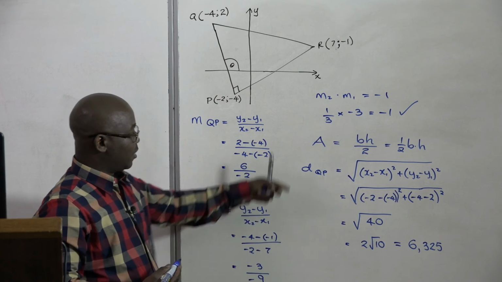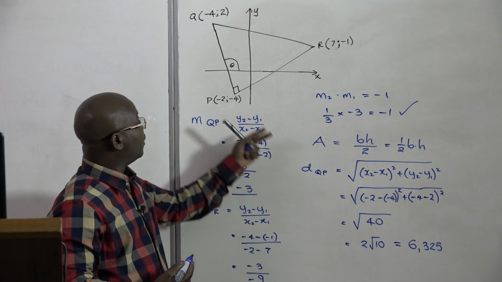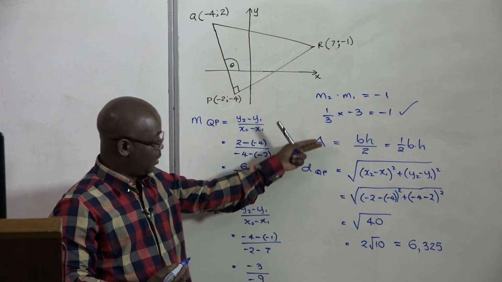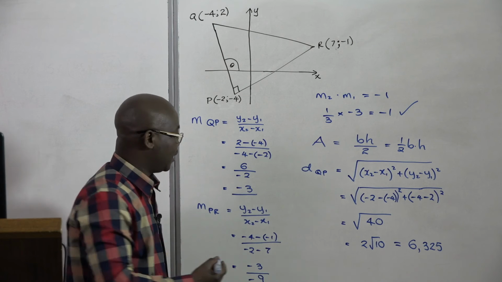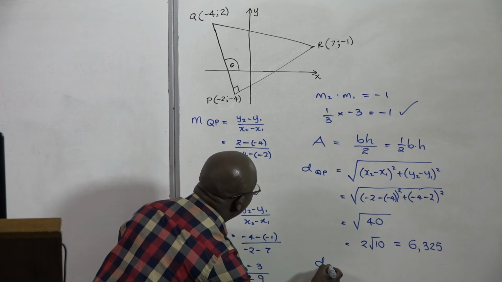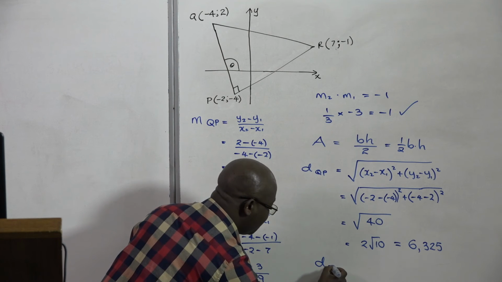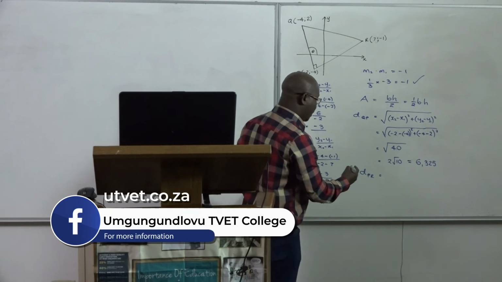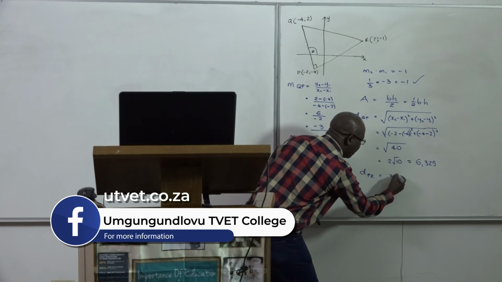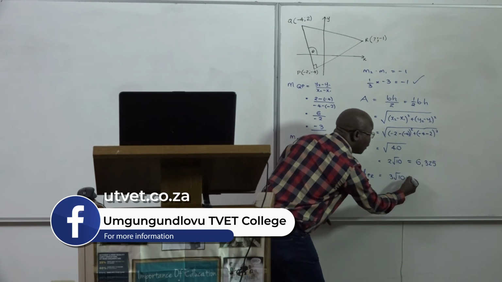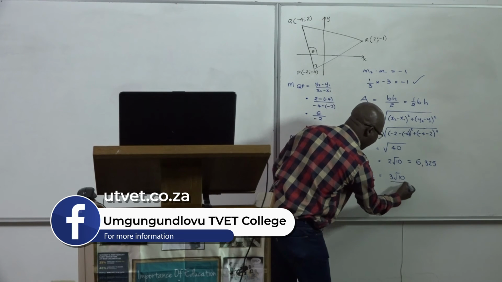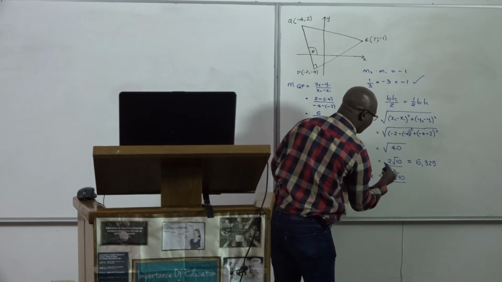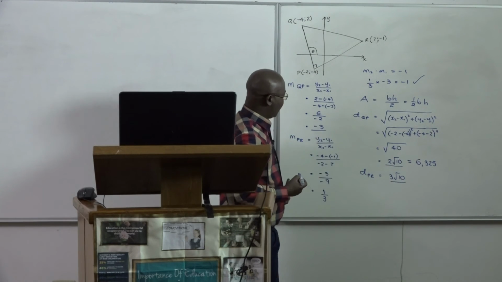I'm not going to repeat this calculation for the length of PR because it's exactly the same operation. But now, if you do the same for the length of PR, you will find that the length of PR will be 3 root 10. And then we now have the two lengths of the two sides.